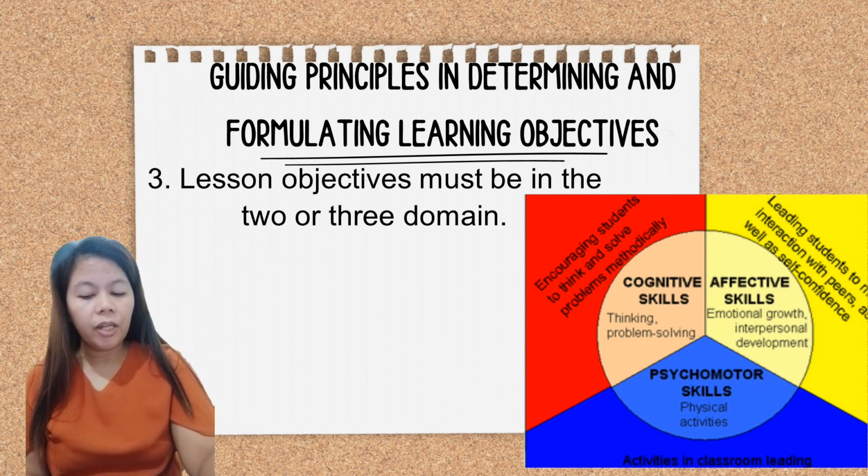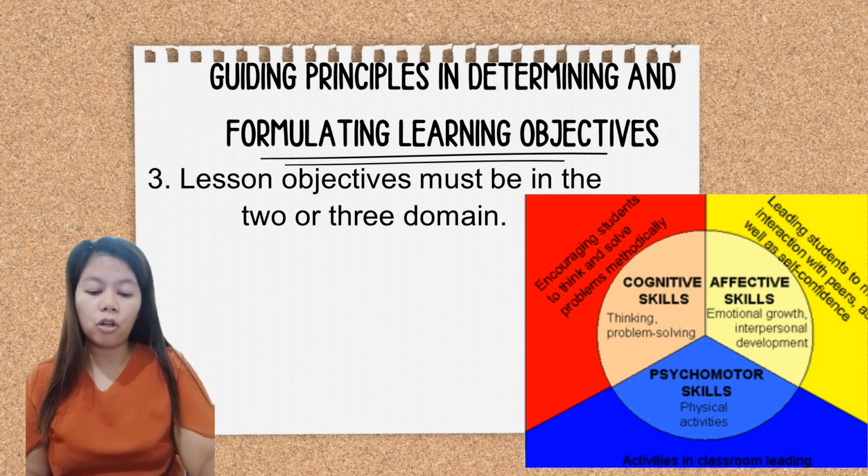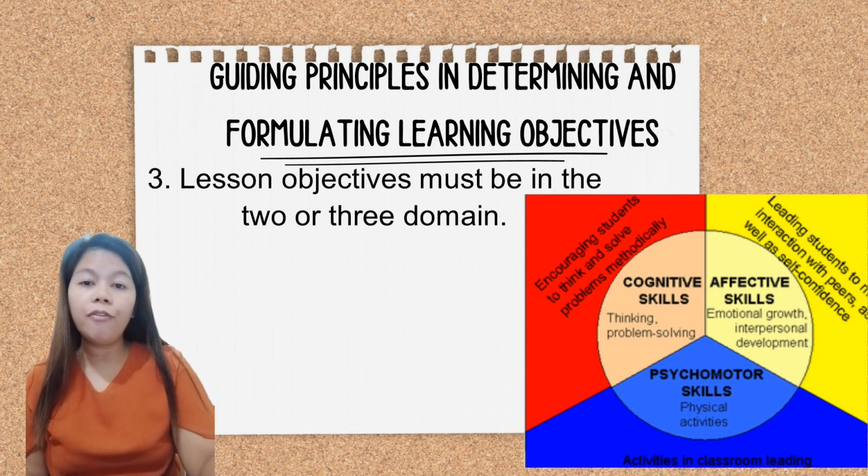Lesson objectives in the affective domain are mainly focused on attitude and value formation. A cognitive or a skill lesson must always include the affective dimension for holistic learning.